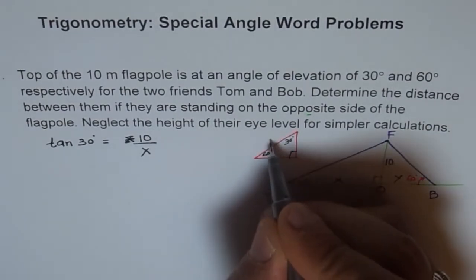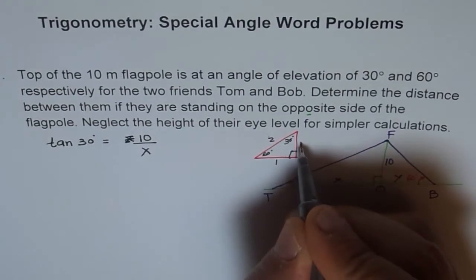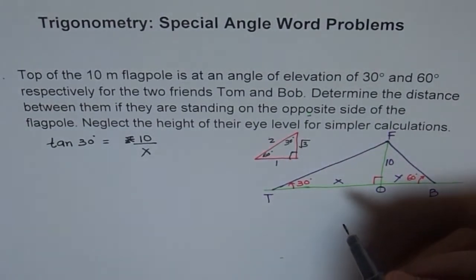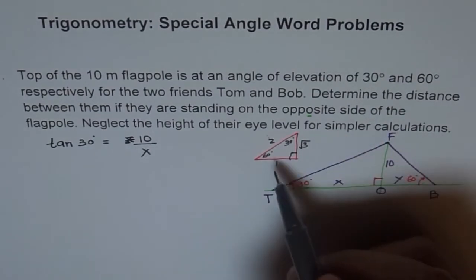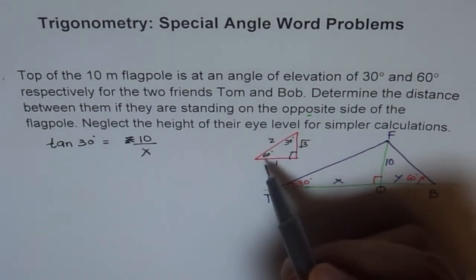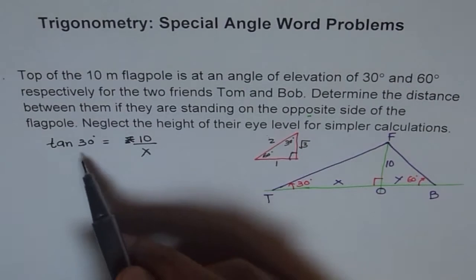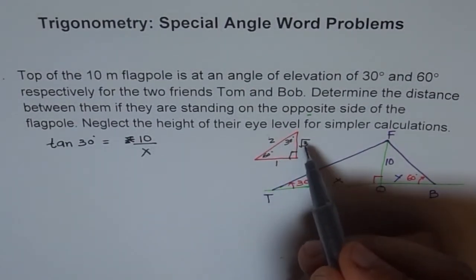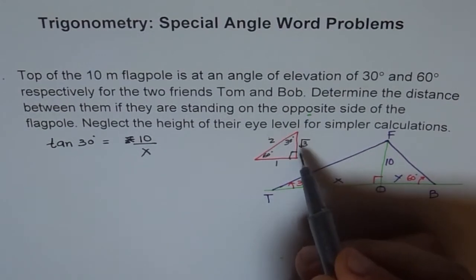Then this triangle has these sides as 2, 1 and square root 3. That's the special triangle for 30 and 60 degrees. I prefer to work with this because it gives me both the angles in one triangle. For 30 degrees, tan is what? Tan is opposite over adjacent, so it gives me 1 over square root 3, correct?